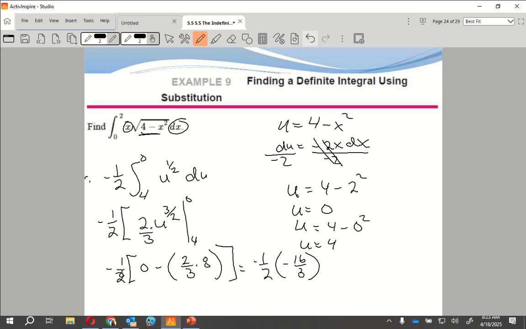Two negatives will make that a positive. And the 2 and 16 will cancel, so that will give me a positive 8 over 3.